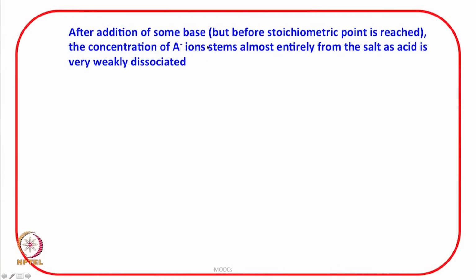After addition of some base, that is, before the stoichiometric point is reached, the concentration of A minus ions will come almost entirely from the salt, as the acid is very weakly dissociated. So, you have HA which gives A minus ion, and the A minus ion stems almost entirely from the salt which is formed as a product.